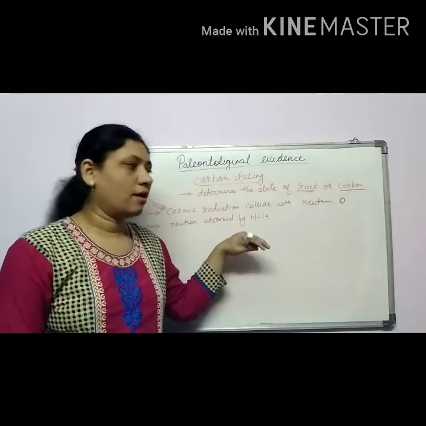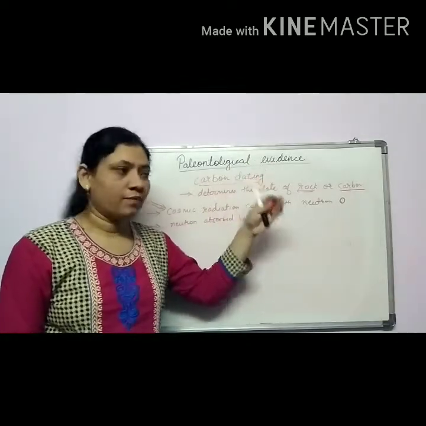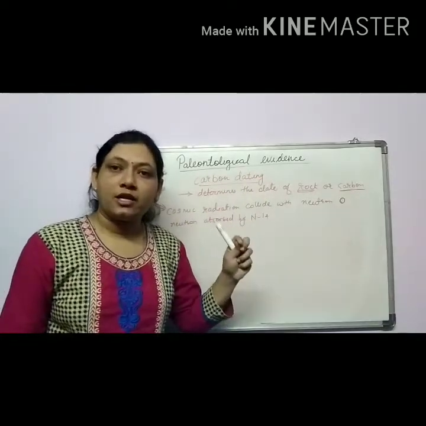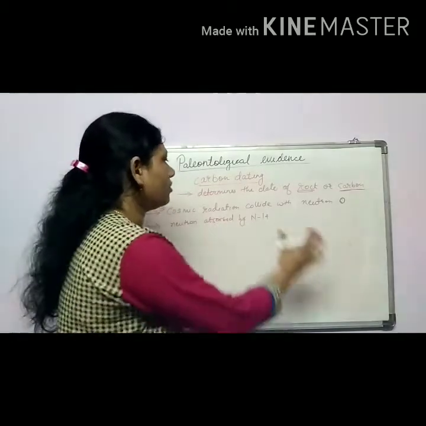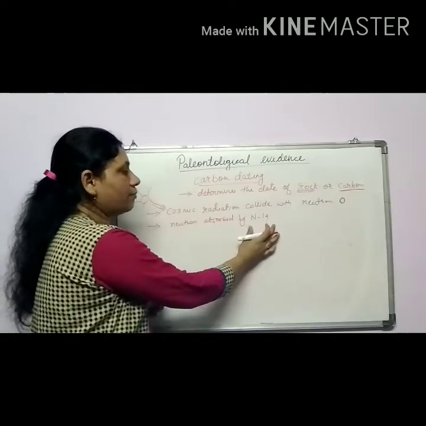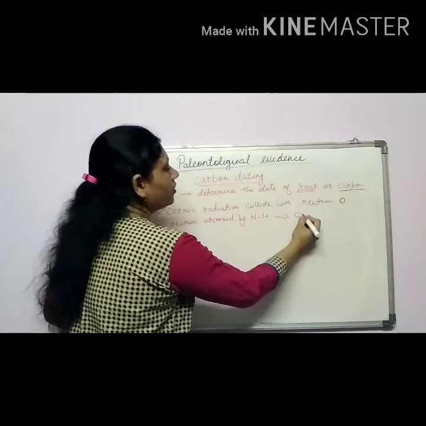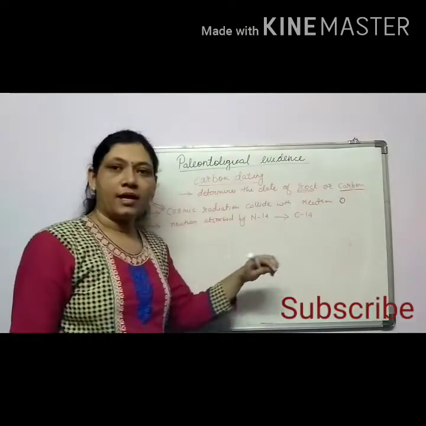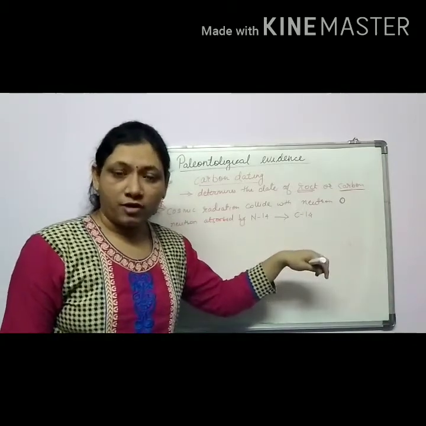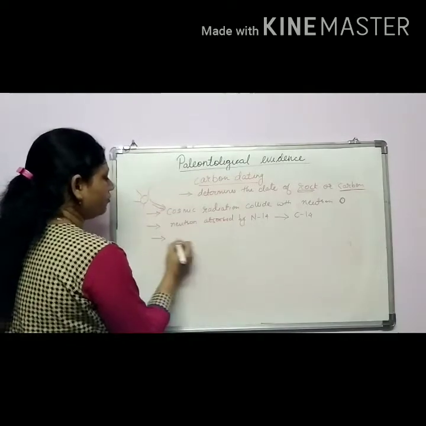This process is done above the atmospheric level. Okay, and these radiations are very high energy radiations. So they collide with the neutrons and the neutrons are then absorbed by nitrogen and they are converted into carbon. Okay, this carbon then comes to the atmosphere.